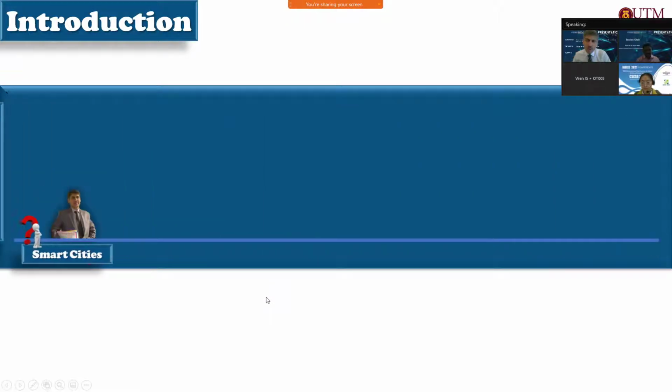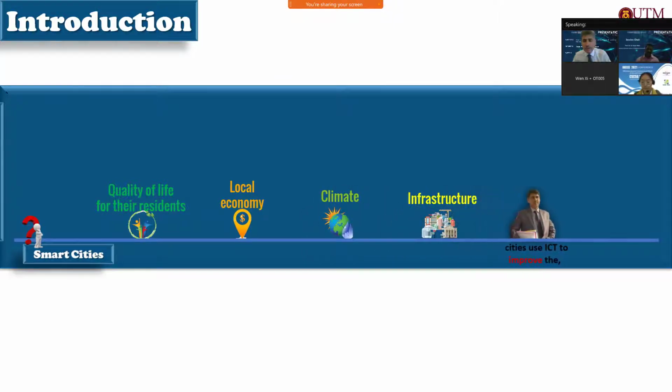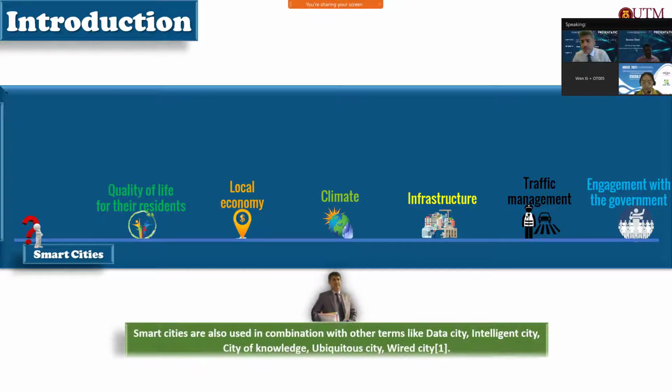So what is the smart city? Smart city is a city with infrastructure of information and communication technology to improve quality of life for the resident, improve local economy, improve climate, improve infrastructure, improve traffic management, improve engagement with the government.